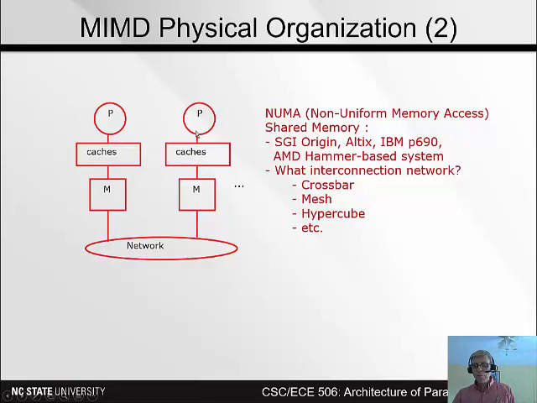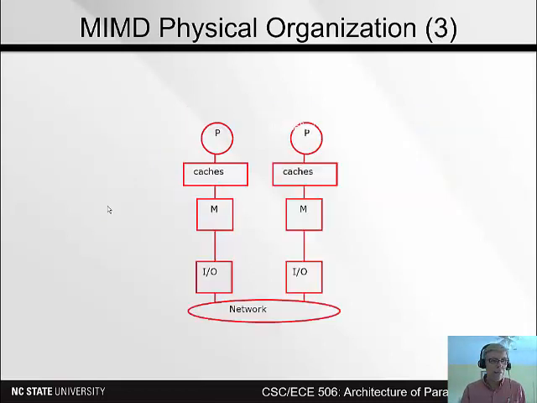So if a processor is referring to local memory, that will be faster than if the processor is referring to non-local memory, in which case it has to go across the network and come back to the other memory. Some of the same interconnection networks are used for UMA and NUMA architectures. It really just depends on which side of the network the memory modules are located on.